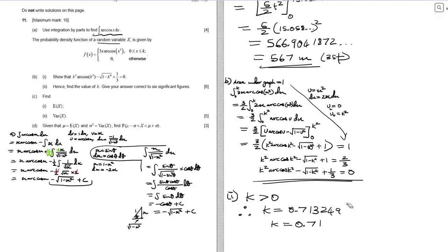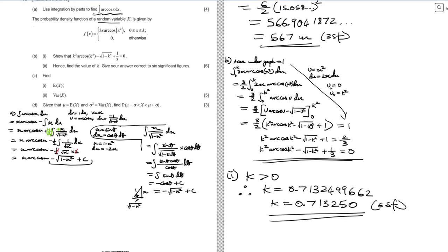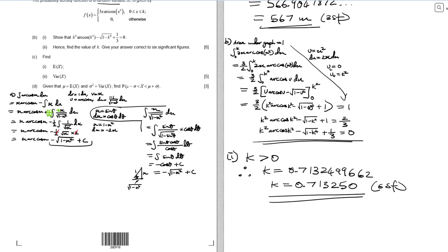What is the one digit after? That's 9662. Okay, so 0.713250 is what we need to do. Right? That's 6 SF. Perfect.